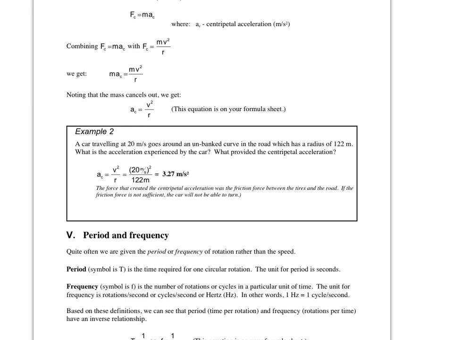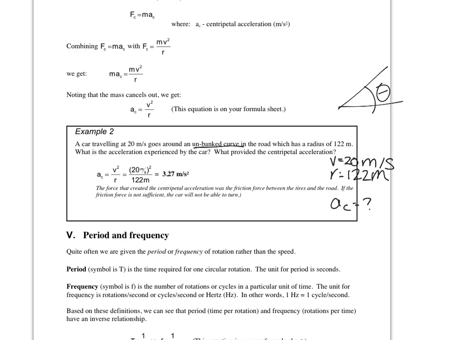A car traveling at 20 meters per second, so V equals 20 meters per second, goes around an unbanked curve, which is important because otherwise we're going to have some angles to deal with here. An unbanked curve in the road which has a radius of 122 meters. What is the acceleration experienced by the car? So we're looking for AC.